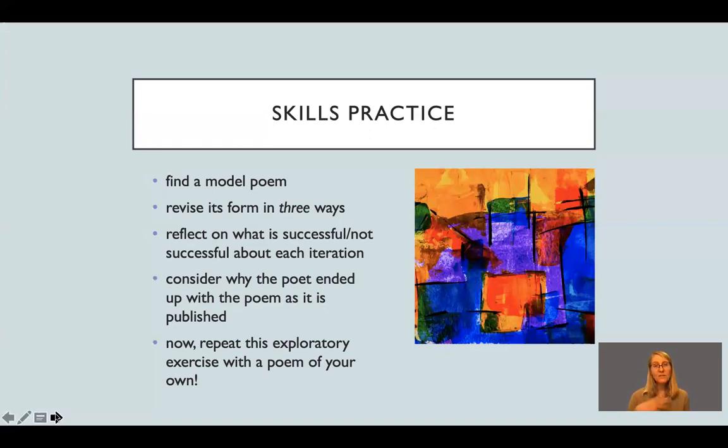And then once you've done that once with a work that you admire, now repeat it with a poem of your own. You're starting to draft some poems for this course. Work through one of your rough drafts and see, well, what would happen if I change this up 3 different times? I have 4 iterations of the poem now. What's working, right? What is serving my message to my readers in the most engaging and compelling way?